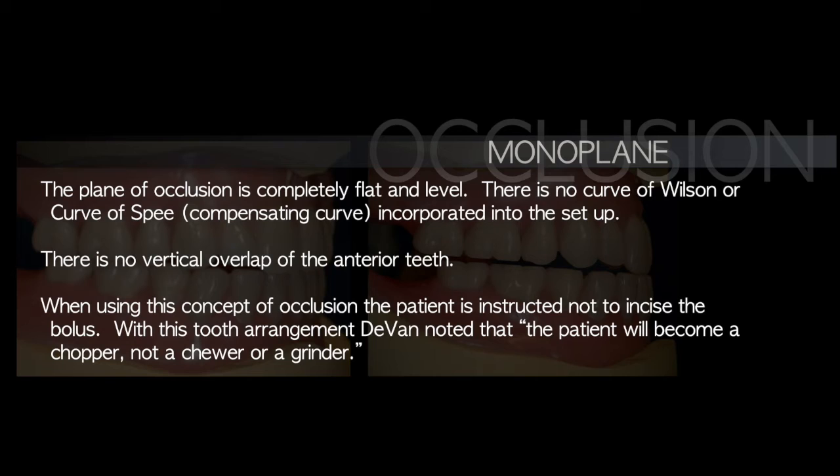With this tooth arrangement, Divan noted that the patient will become a chopper, not a chewer or grinder. Basically, monoplane teeth use an open and close vertical movement rather than a lateral grinding motion, due to no cuspal inclination in the teeth.